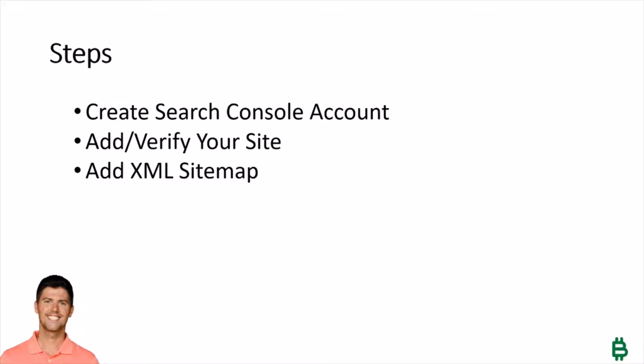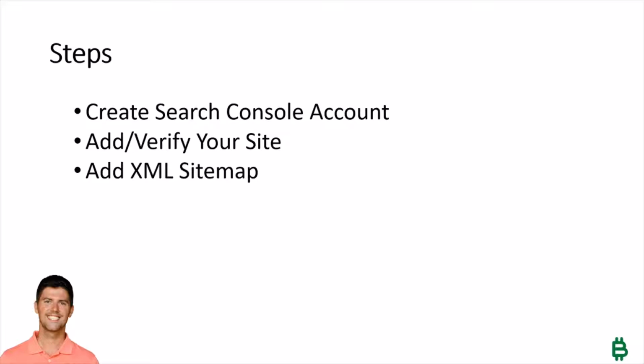It automatically creates an XML sitemap for you where you can just add the URL to that in Search Console and it does everything for you. Again, these tools that we're using make things so easy. All of this was much more difficult back in the day when I was manually coding a lot of websites.